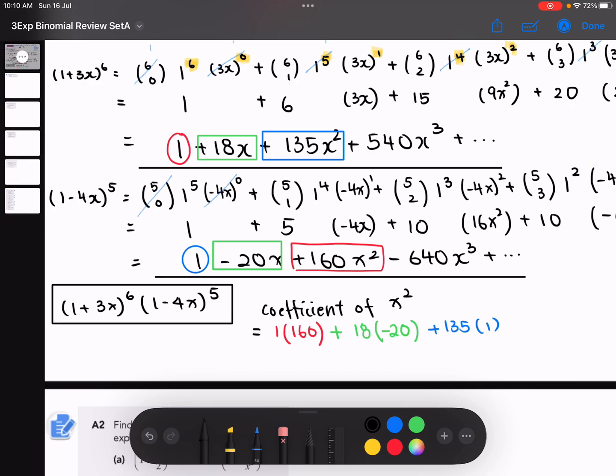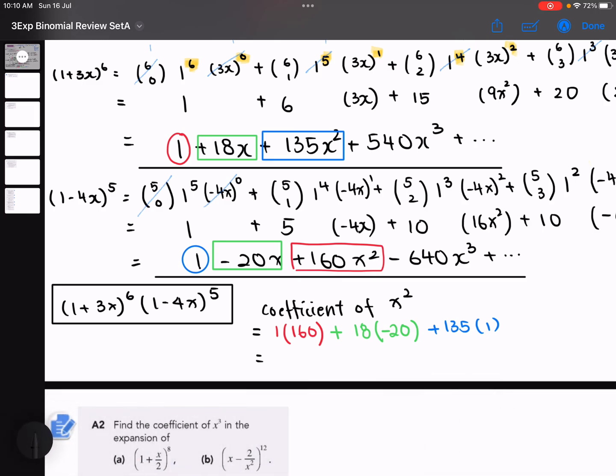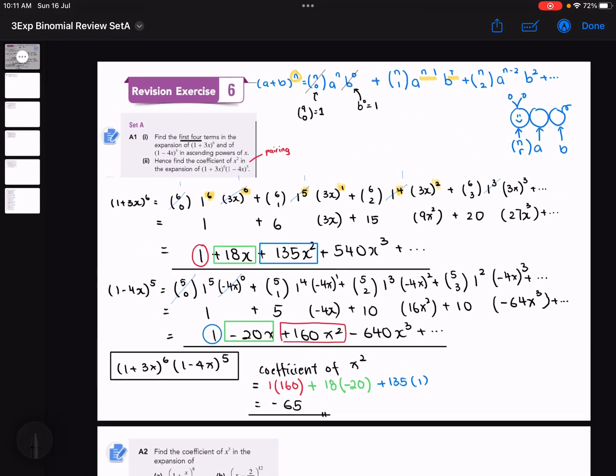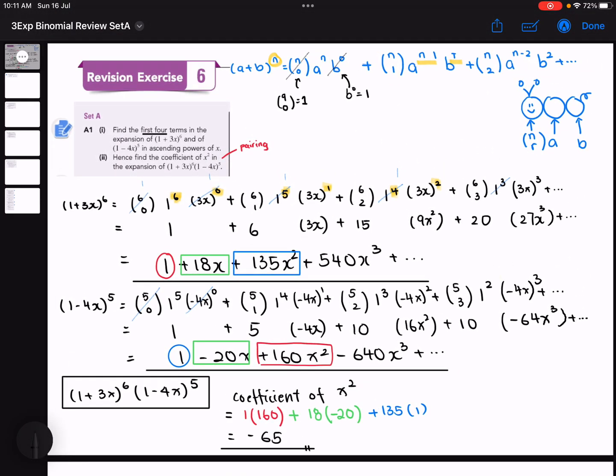Now, I use my calculator. Don't forget the minus sign. Coefficient of x squared is negative 65. Okay, pairing question, the very basic one. Stop here first, okay?